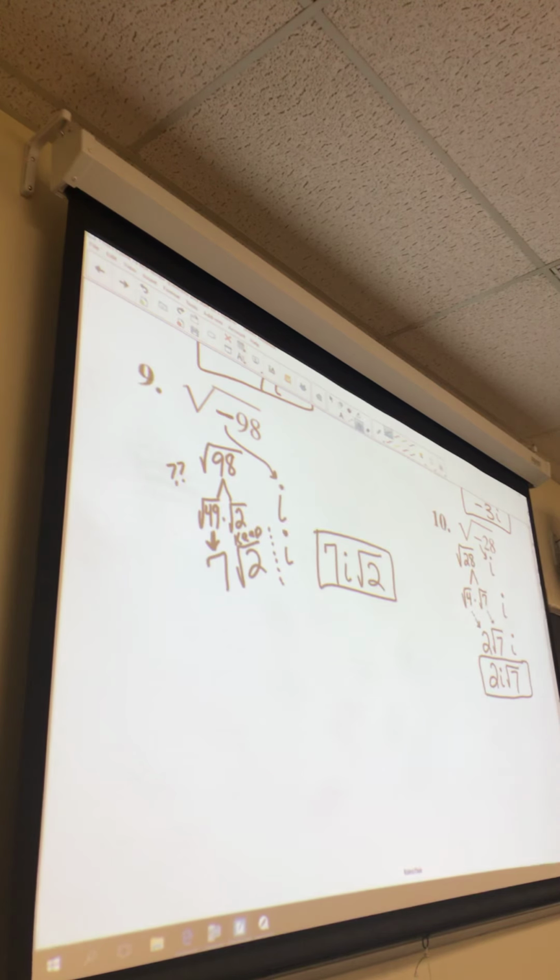Two I square root of 7. So any questions on any of those? Okay.